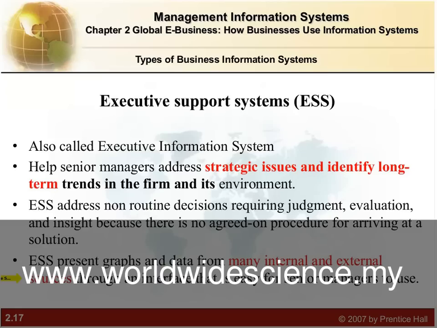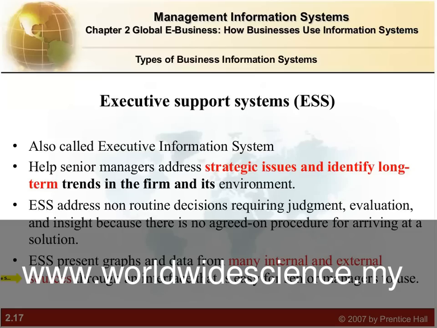So this was all about the ESS, which is a system to serve the senior managers. Here this system pulls data from diverse internal and external sources. If you remember, I said ESS uses internal and external sources and makes them available to executives in an easy to use form.